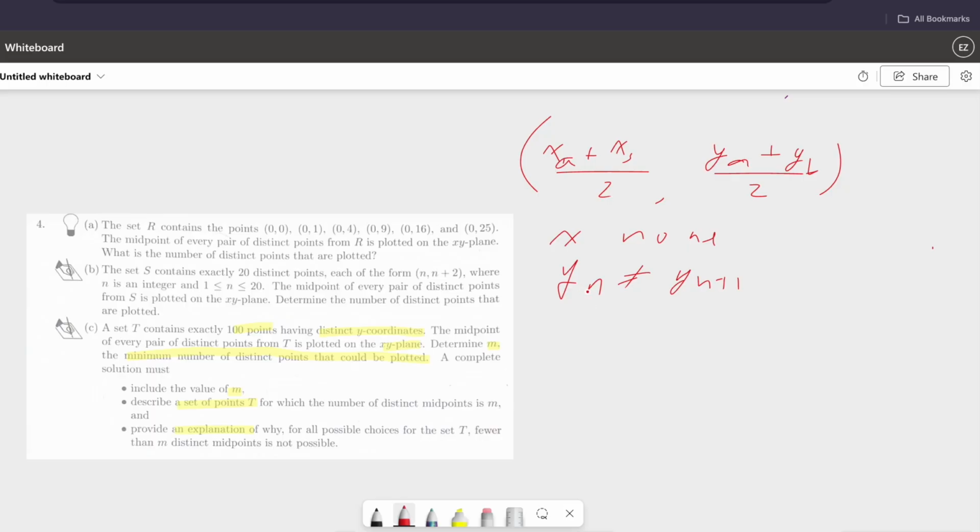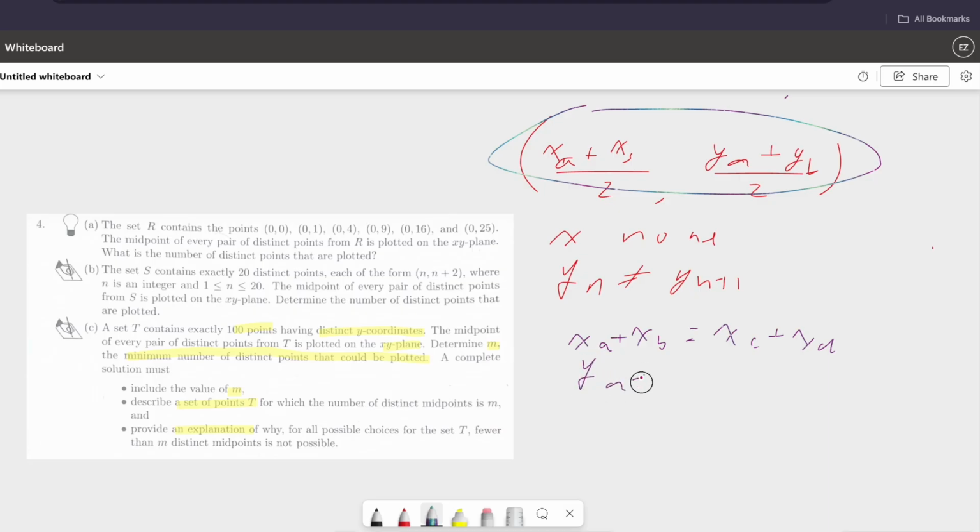Based on this, if we want the minimum number of distinct points that could be plotted, we need to let this equation satisfy xa plus xb equal to xc plus xd, and meanwhile also satisfy ya plus yb equal to yc plus yd.